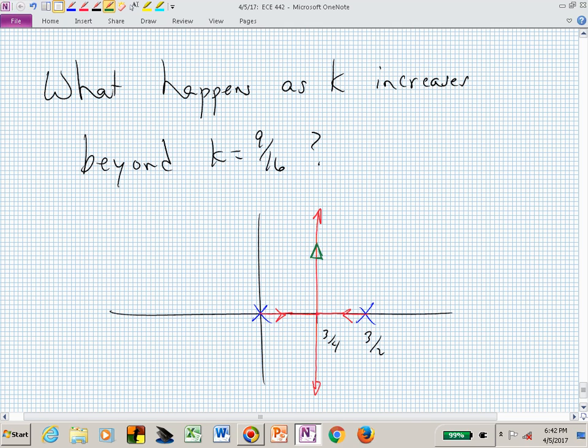Now we're saying, oh, the angle from that pole to that triangle is this angle. Let's say theta P1. The angle from this pole at 3/4 to that triangle is theta P sub 2. But what do we know about basically the triangles created by this sketch?